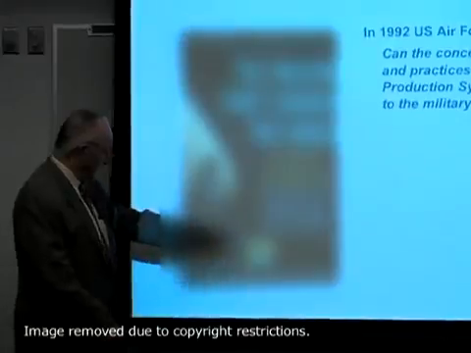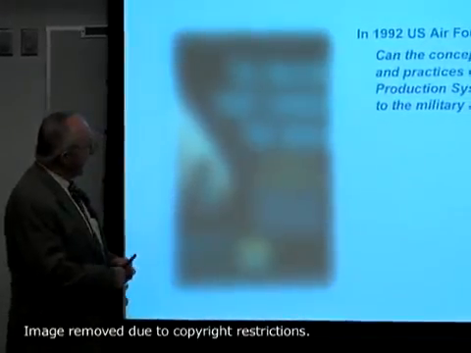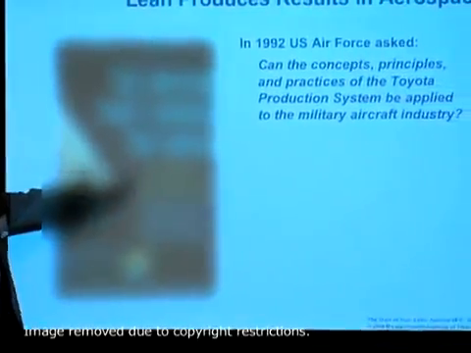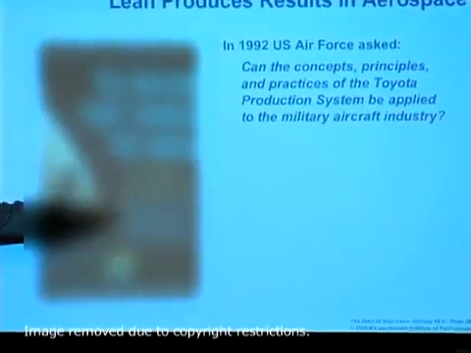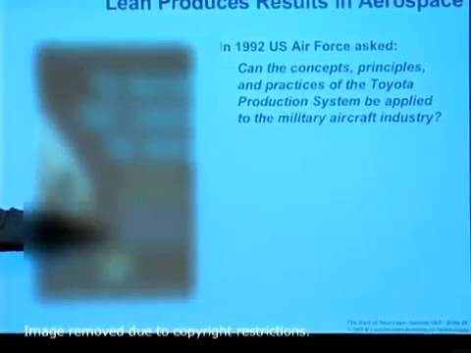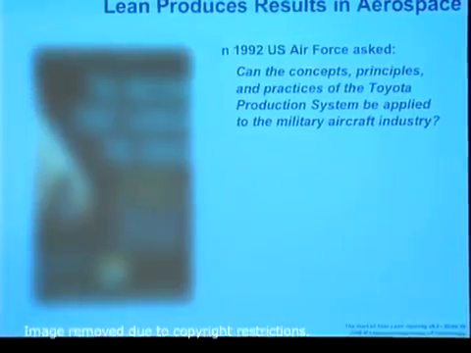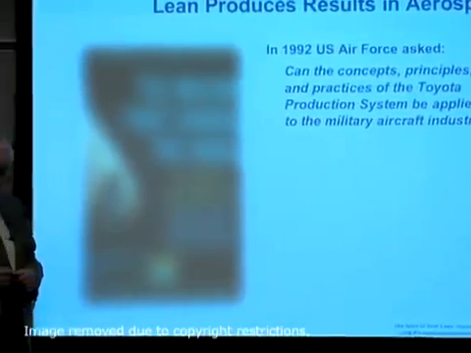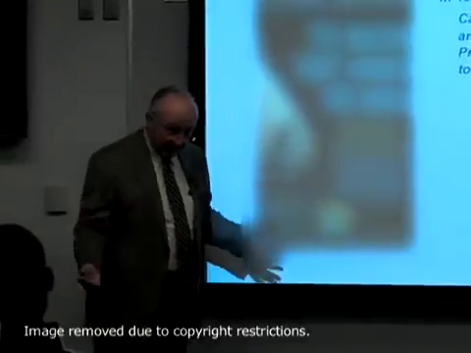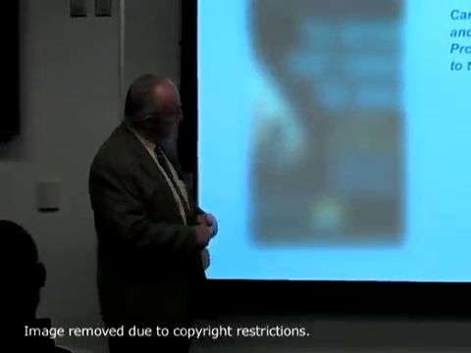So that's the book, and I heartily recommend that you get it. Jim Womack and Dan Jones and Dan Roos, and the story of lean production, how Japan's secret weapon in the global auto wars will revolutionize Western industry. And it has spread from the automobile industry in Japan to the aerospace industry, and now hopefully Detroit's going to get the message.